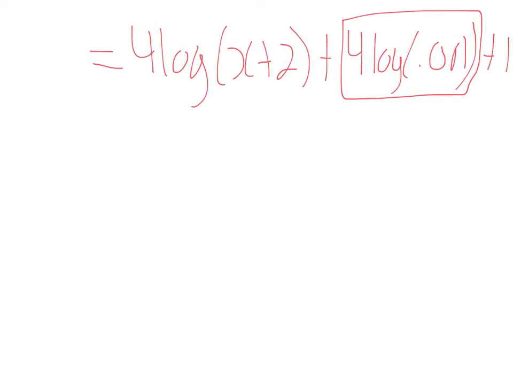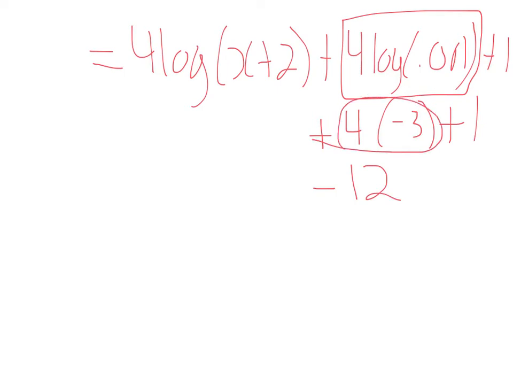Well, what is 4 log 0.001? What exponent makes an evaluated power of 0.001 with base 10? It's negative 3, so I have 4 groups of negative 3, plus 1, which is minus 12 plus 1. This 4 groups of negative 3 shifts the curve down vertically by 12.